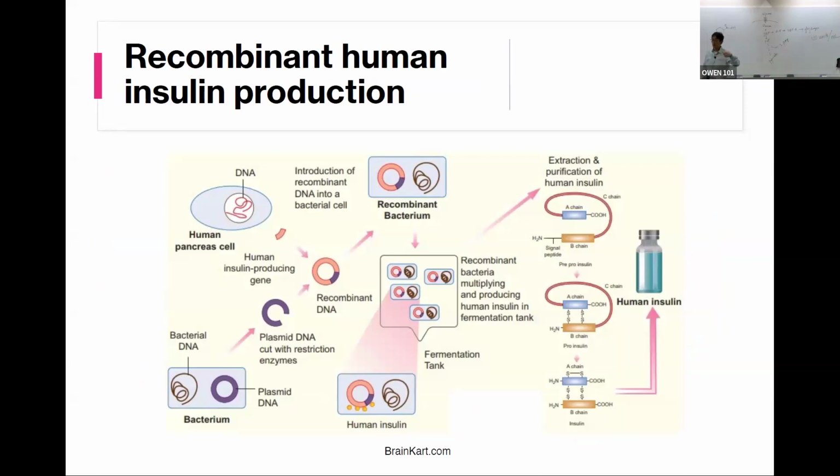There are many techniques you can use to express the gene in bacteria or yeast. Then you produce proinsulin, and the disulfide bond occurs, and by hydrolyzing this proinsulin, you get insulin. That is the one being used, okay?